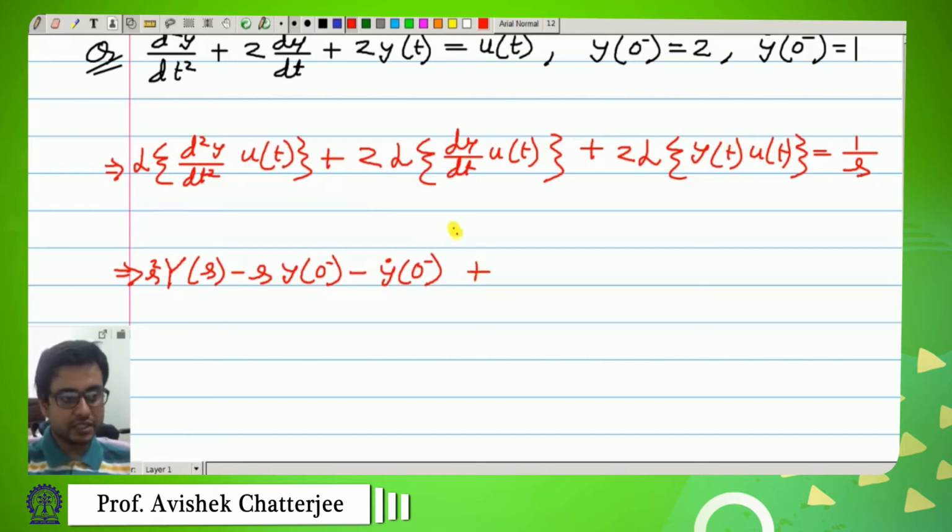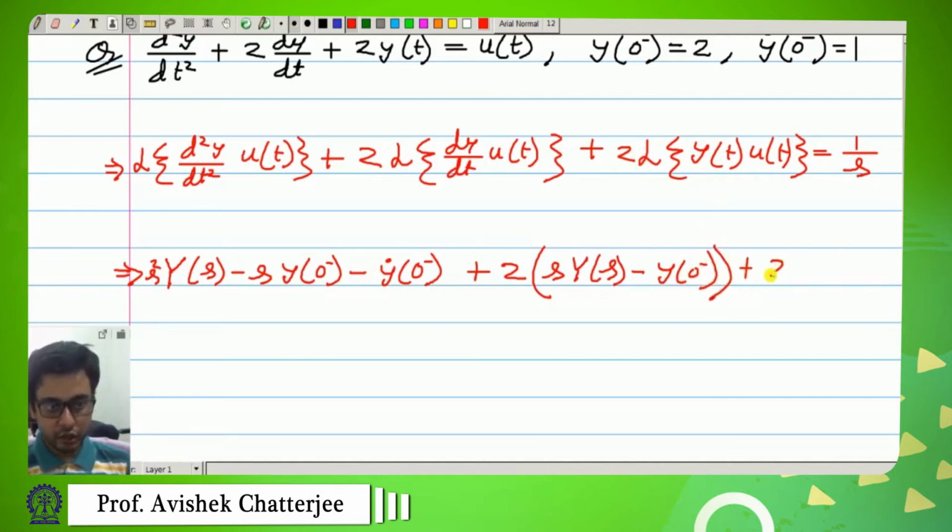Okay, then plus the second term 2, and this will be s capital Y(s) minus y(0 minus), then plus 2 capital Y(s), right side is 1 over s.